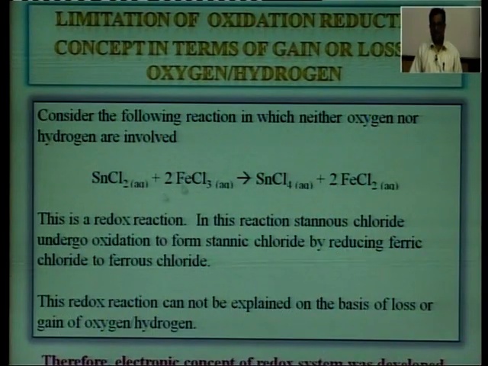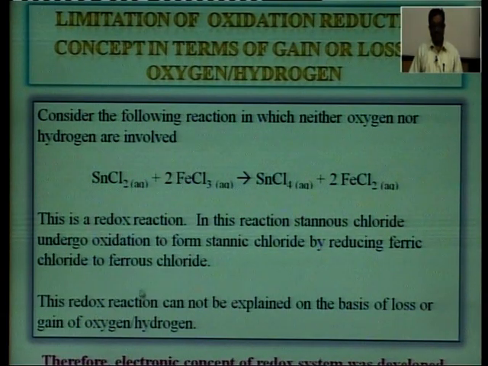This is a redox reaction, and it does not involve any oxygen or hydrogen. So, we cannot explain the oxidation reduction reaction which is taking place between stannous chloride and ferric chloride.